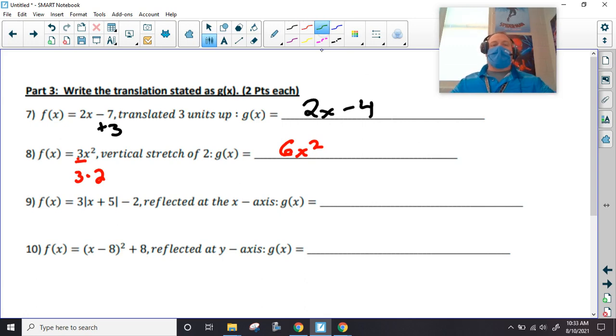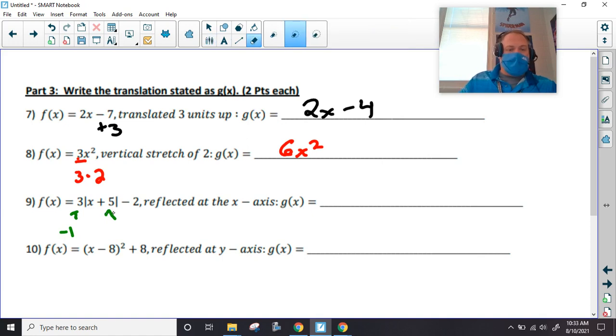All right. Number 9 is directly correlated to one of the questions that we had in part 2, where it says this is reflected about the x-axis. That means we're going to take this number, multiply it by negative 1, not that number because that's an h, and this, and multiply it by negative 1.